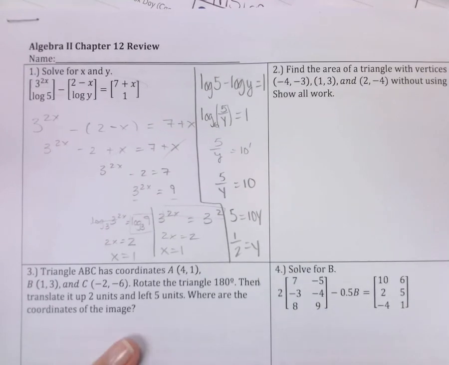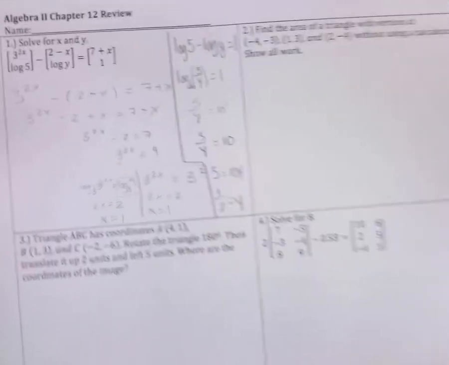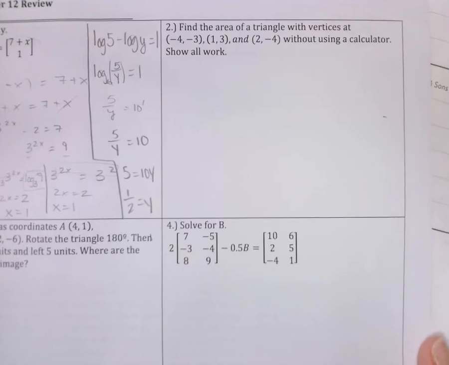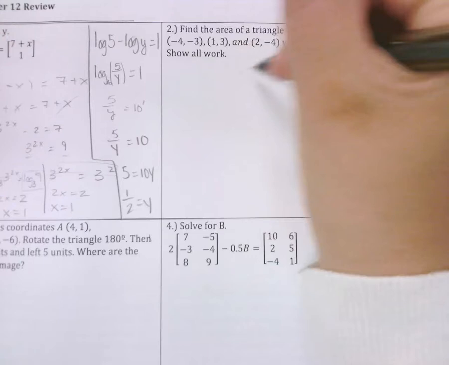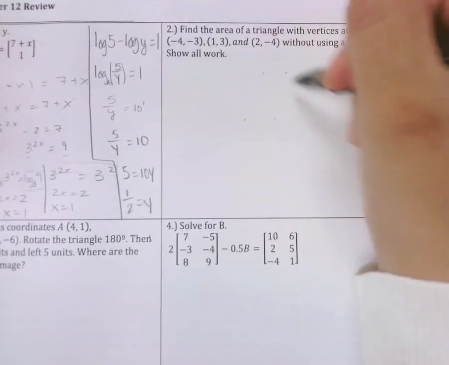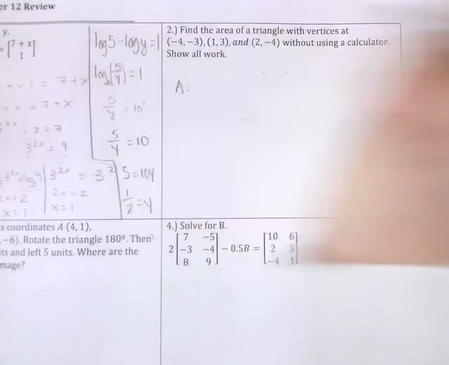Okay, so x is 1, y is 1/2. Number 2, you're using that special area formula that you used on Math Excel to find the area of the triangle. Put the points in a determinant, x, y, x, y, x, y, and then you put the last column as a bunch of 1s, and then you take half of it. So you're going to set up a determinant.